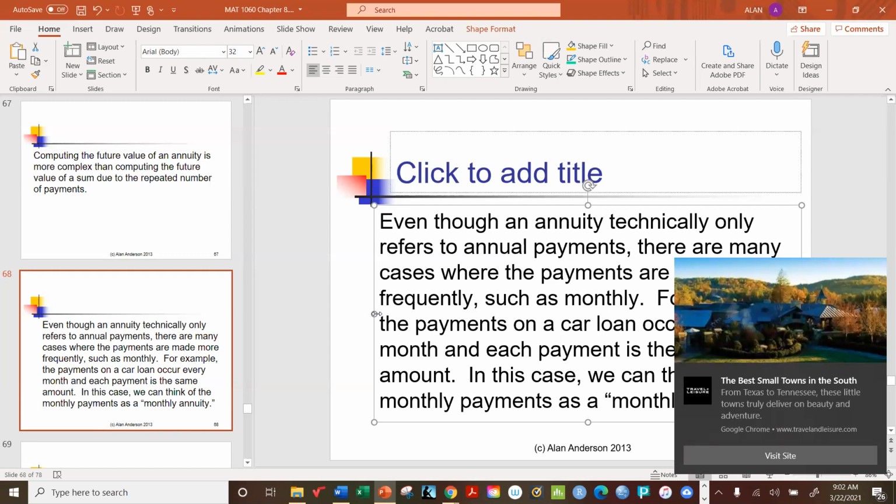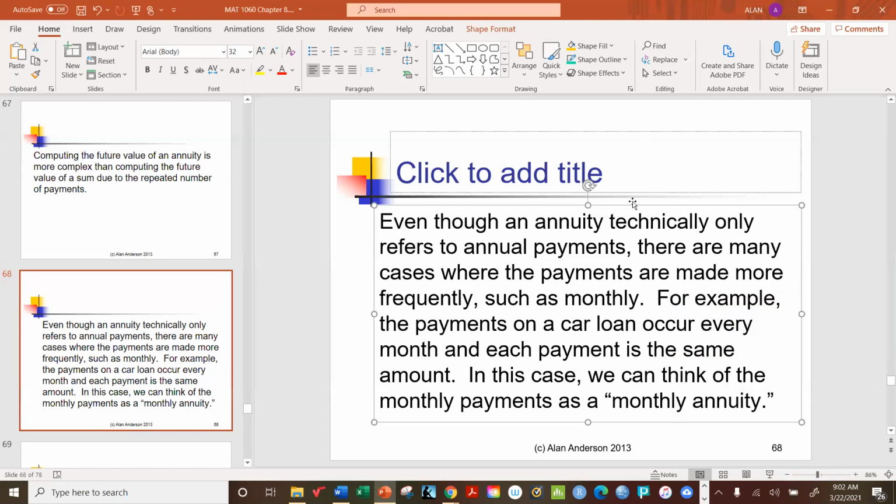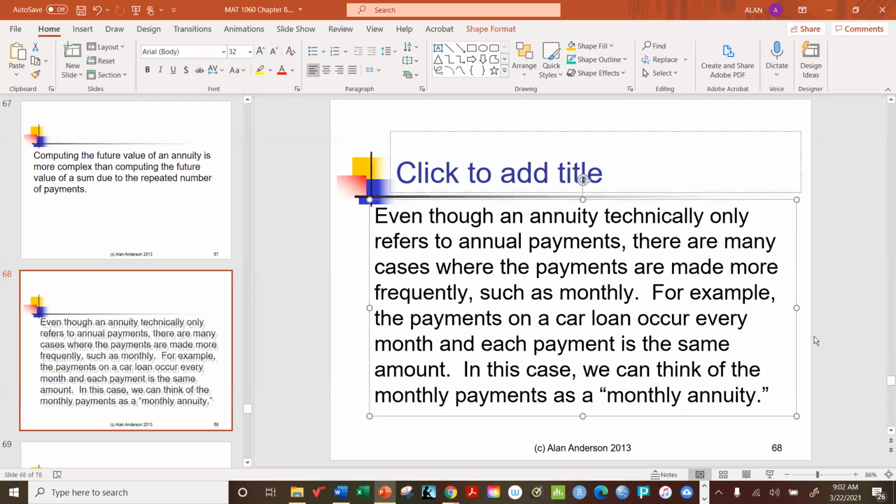The formula we're about to show you can be used for annual payments, semi-annual payments, quarterly payments, monthly payments, you name it. It applies to all of them. Even though technically the word annuity should only be used for annual payments, instead we often see it used for more frequent payments by calling it a quarterly annuity or a monthly annuity or whatever it happens to be. The logic is exactly the same.